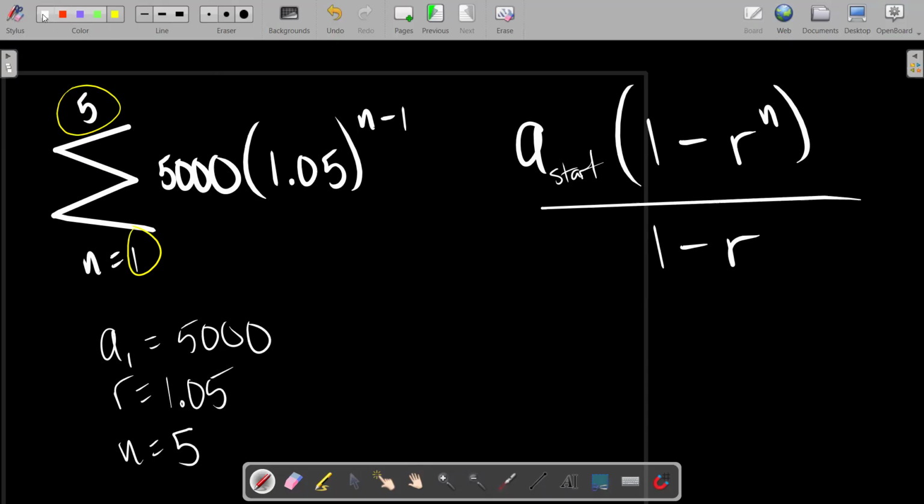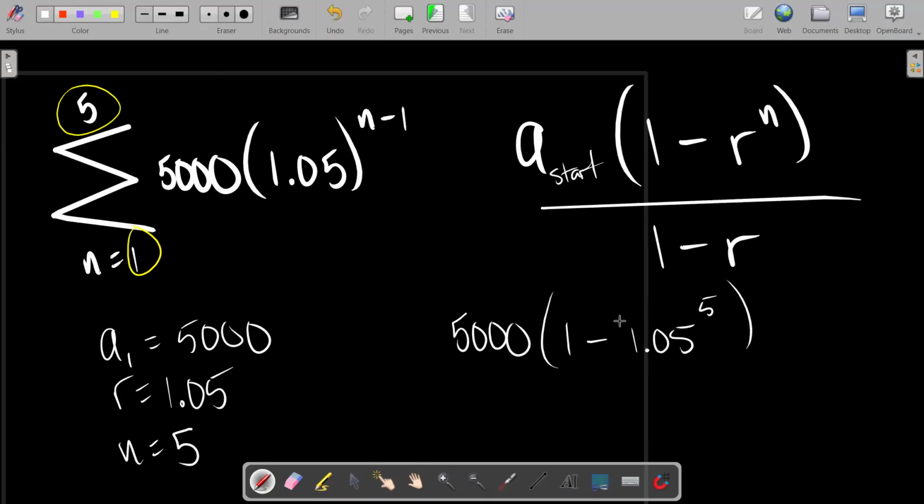So what's going to go firing into our calculators in this case is going to be the first term, 5,000 times 1 minus 1.05 to the power of 5. Please note that that 5 is inside, not outside. You'll obviously get vastly different results if you do 1 minus r and then exponentiate that whole thing.